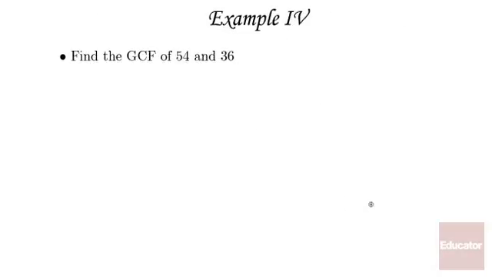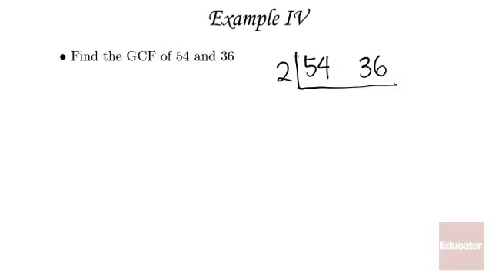Okay, last example, 54 and 36. Again, these numbers are a little big, so you can just think of a small common factor. These are both even numbers, so I know that a 2 goes into both of them. I can just take that 2 out.